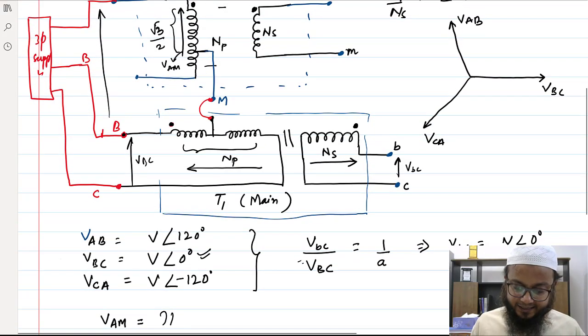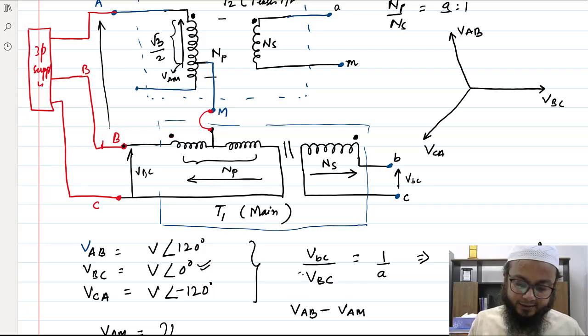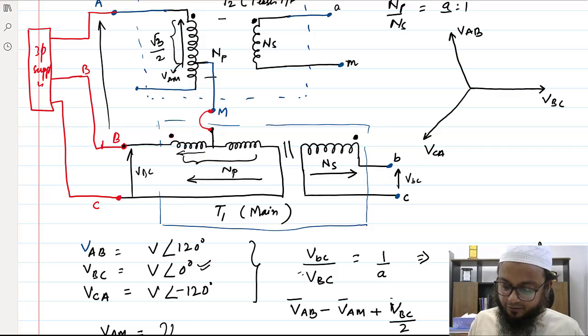So if you write the KVL here, VAB minus VAM plus VBC by 2, they are all phasors, will come out to be 0.